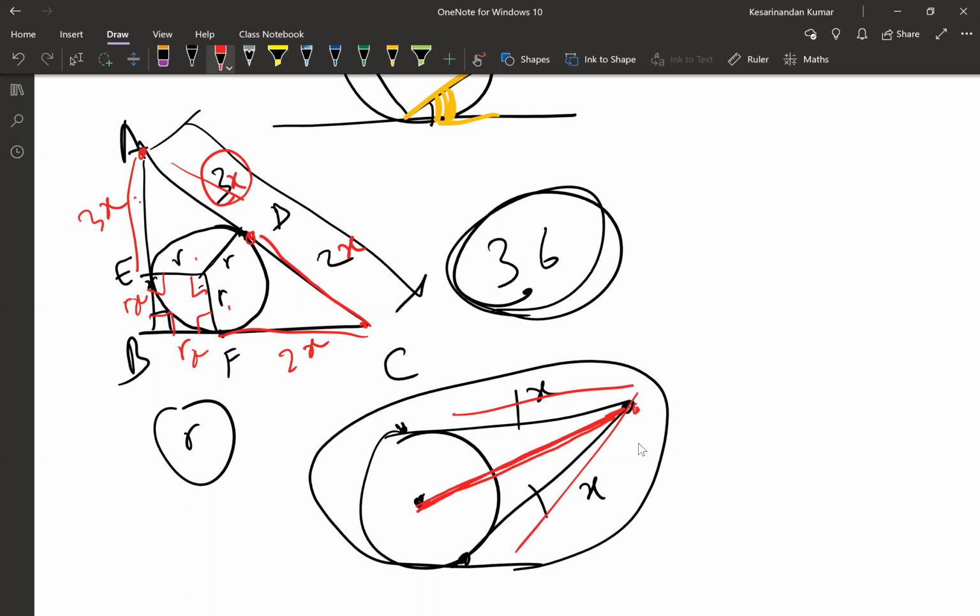Yes. And this base is 2x plus rx. This height is 3x plus rx. Use the Pythagoras theorem now. Now I'm giving you 1 minute, guys. Use the Pythagoras theorem and everybody please give me an answer. Now the question is as straightforward as it can get.